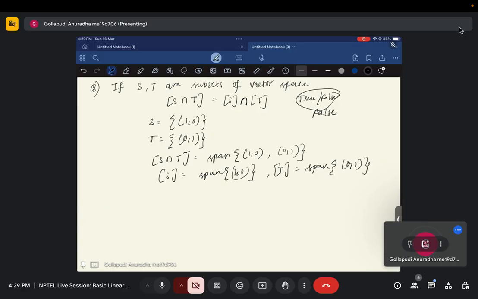So what do you get? I think it is true actually. I think it is a true statement. Okay, so if it is (1, 0) and (0, 1), it's the null set.